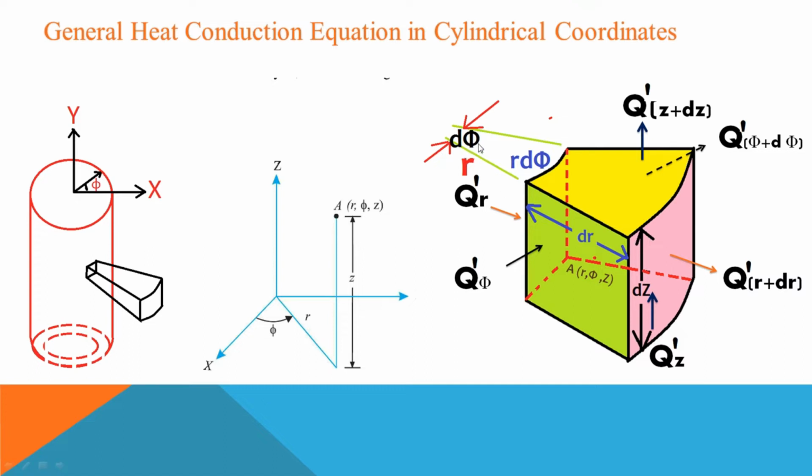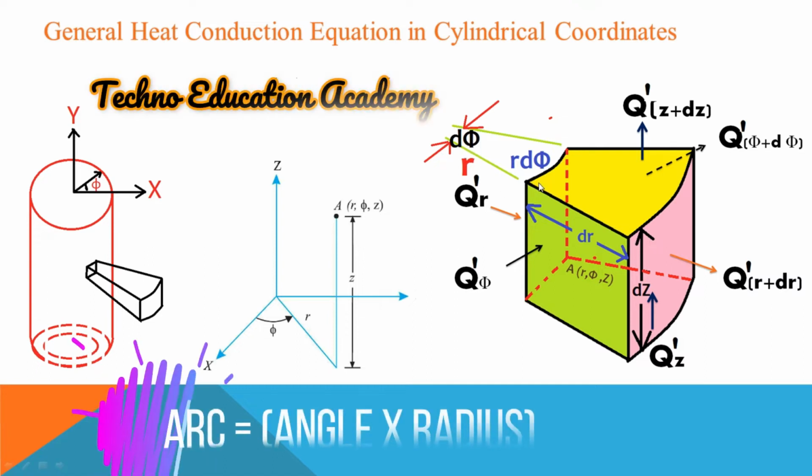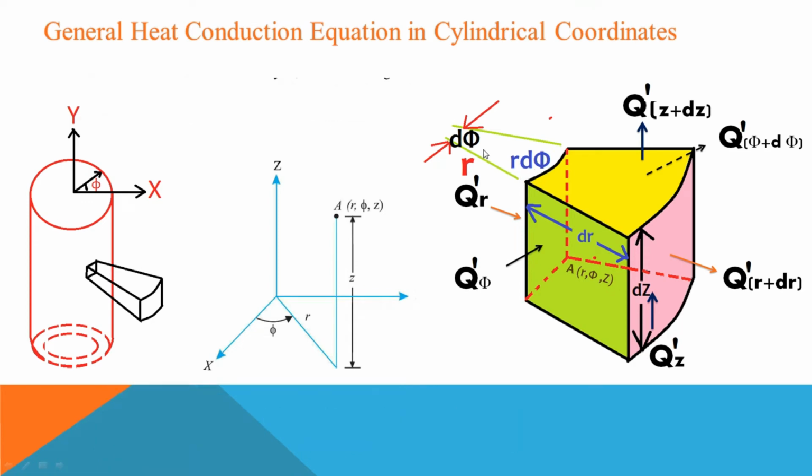According to the fundamentals of mathematics, arc equals angle into radius, r into d phi. So the angle is d phi for the small element, the thickness is dr at radius r, and dz is the height of the element. So we get the three dimensions: r d phi, dr, and dz.